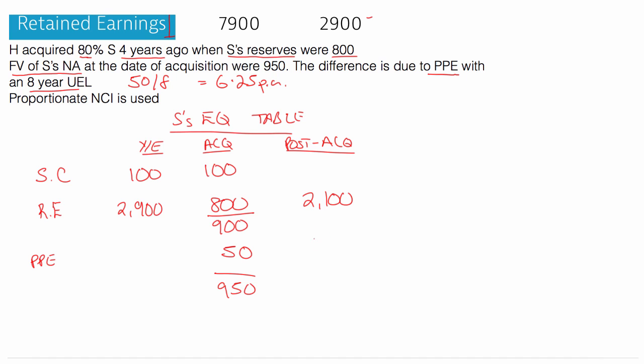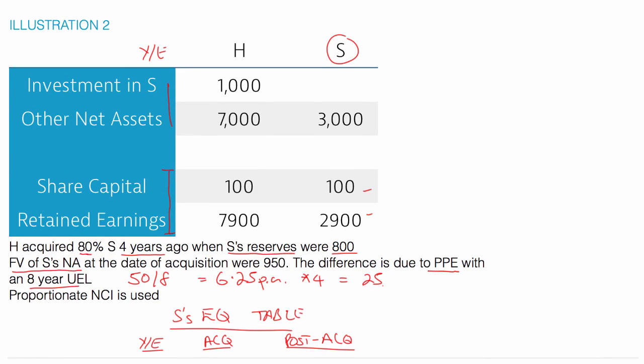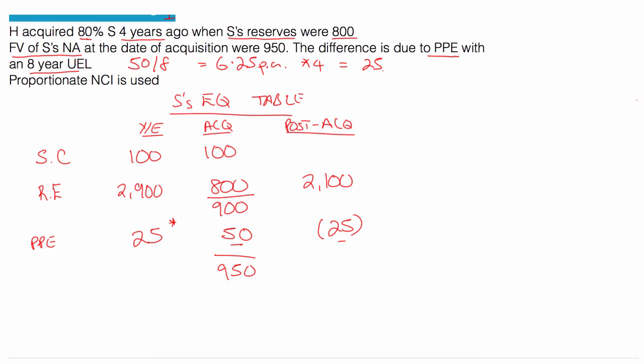Yeah, so depreciation of 25 times by 4 there, just so you're clear, it's 25, and that means if it was 50 more, then I took off 25 depreciation, I'd be left with 25 at the year end, and I need to go and put, I always put a little star there to remind myself, I need to go put 25 onto S's PPE, which is in their other net assets in my questions. So far so good then, I can now add that down then, so that's now 2,075.